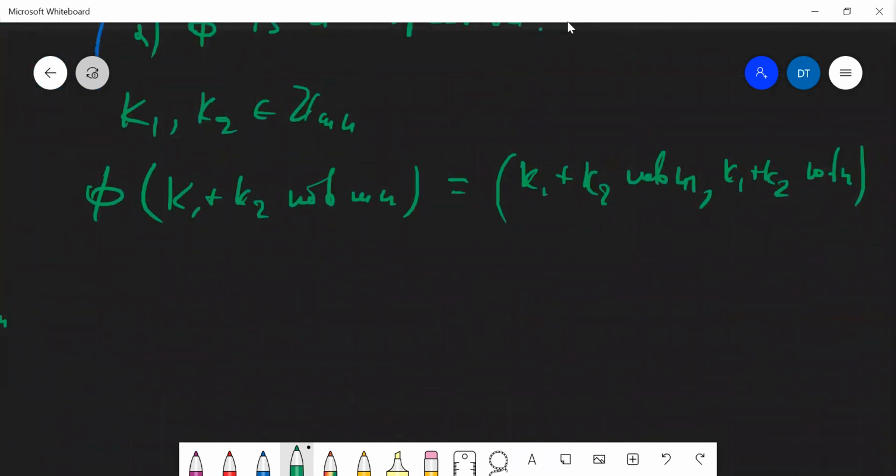But now, by definition of the operation on the direct product, what's written here is actually a sum of (k1 modulo m, k1 modulo n) and (k2 modulo m, k2 modulo n). I have a choice how to denote the operation in the product, so I denote the operation by the sign plus.